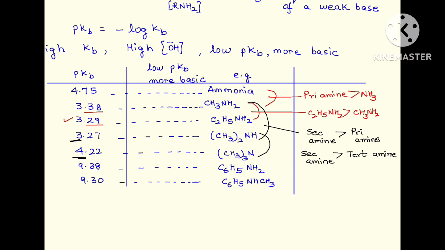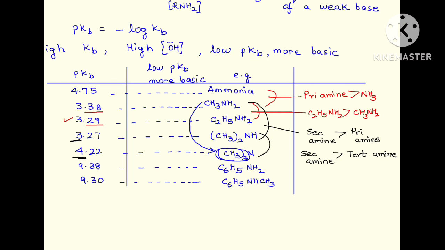Now what about primary and tertiary? Would you like to compare primary and tertiary? Look at 4.22 and 3.38. Ooh, my primary. So if I've got the same substituent, that means I'm talking about methyl groups here. Look carefully, 3.38, 4.22, which is more basic?